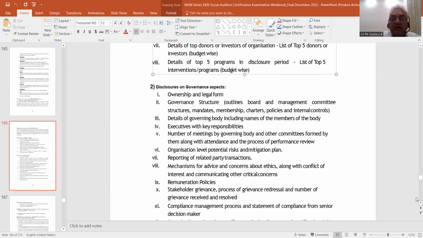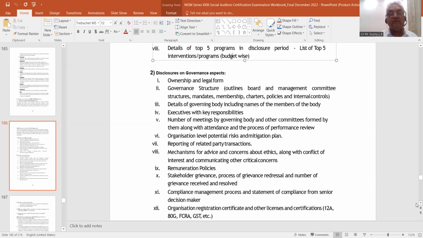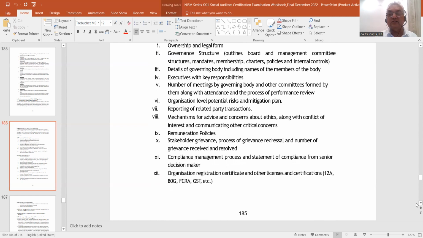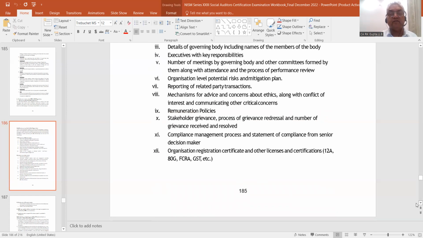Then details of governing body, executives, number of meetings by governing body and other committees, organizational level potential risks and mitigation plan, reporting of related party transactions, mechanism for advice and concerns about ethics, along with conflict of interest and communicating other critical concerns. Then remuneration policies, stakeholders grievance, compliance management procedures. So all these things will be covered in governance aspects. Then organization registration certificate, etc.